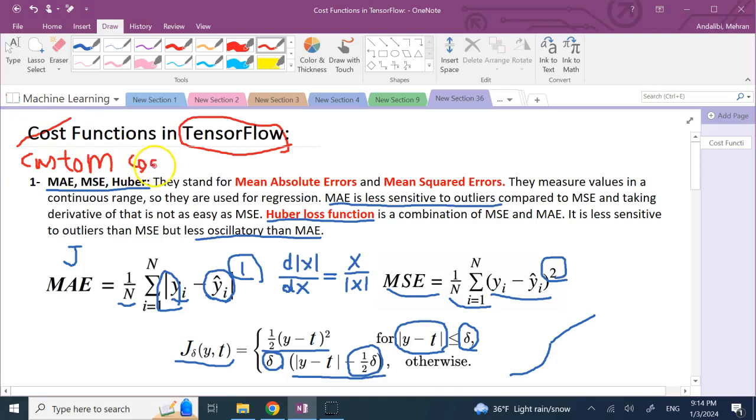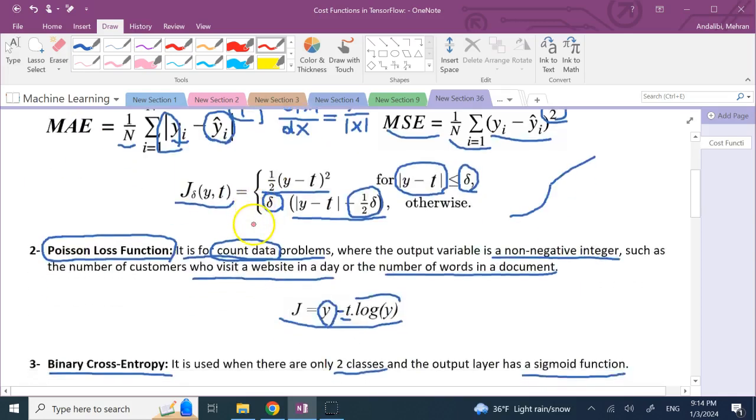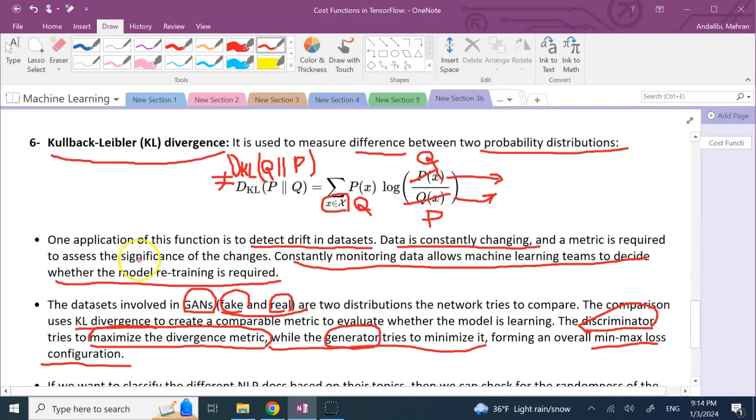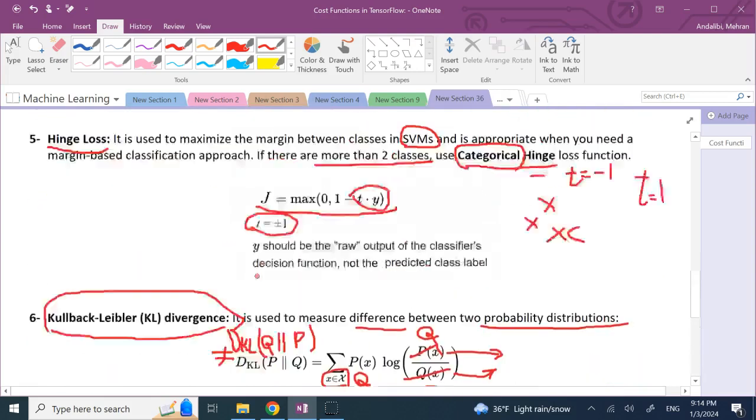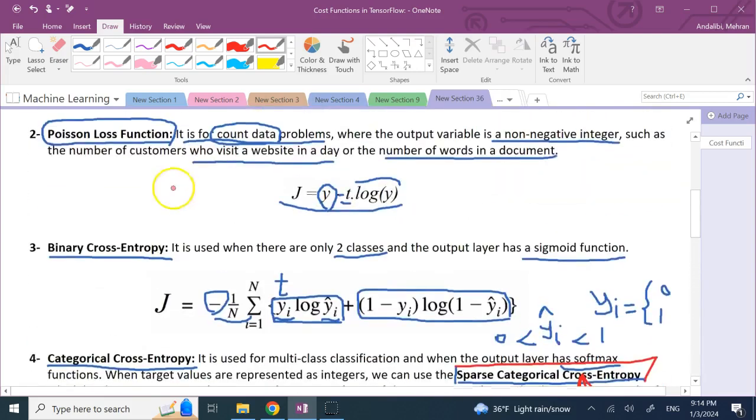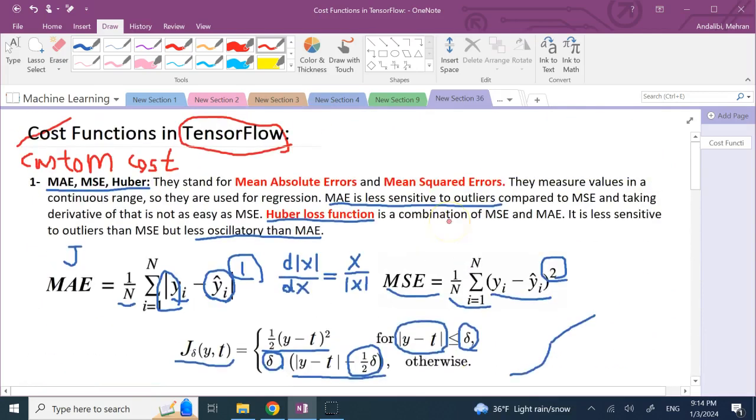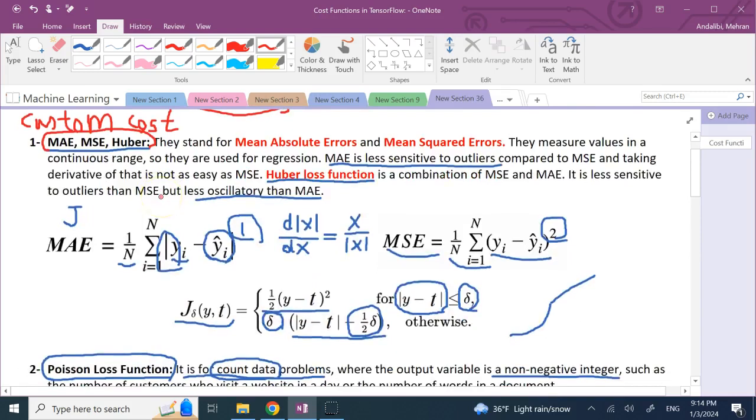You can define your own, and in one of my future videos, I'll show you how to define a custom cost function. Then you can define other kinds of cost functions, like a divergence that is symmetric, and you can rely on it more, or other cost functions for regression or classification. Again, I'll cover that in a future video, but these are the ones that are most commonly used, and they are available in TensorFlow. They are coded already, so you can use them.